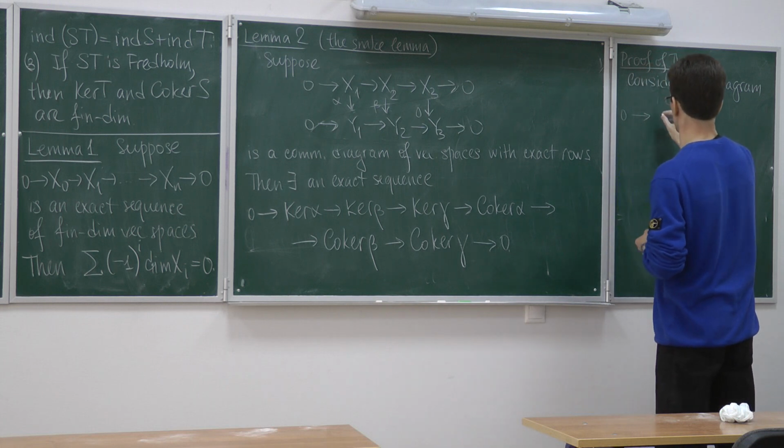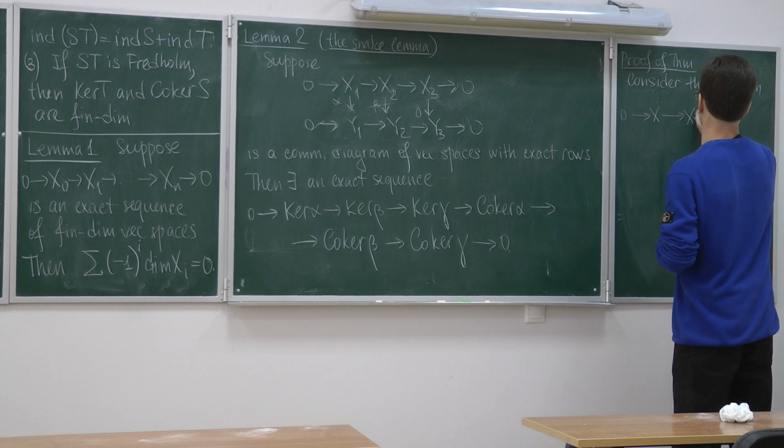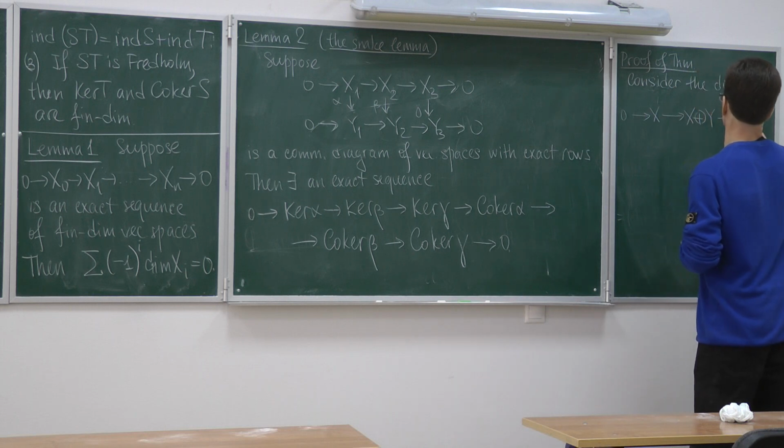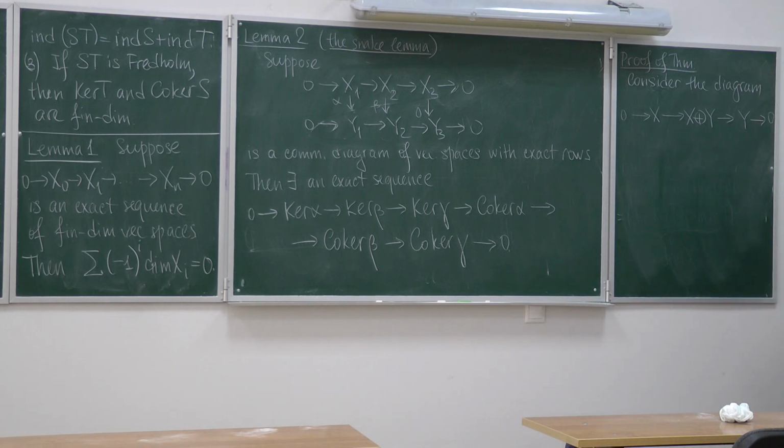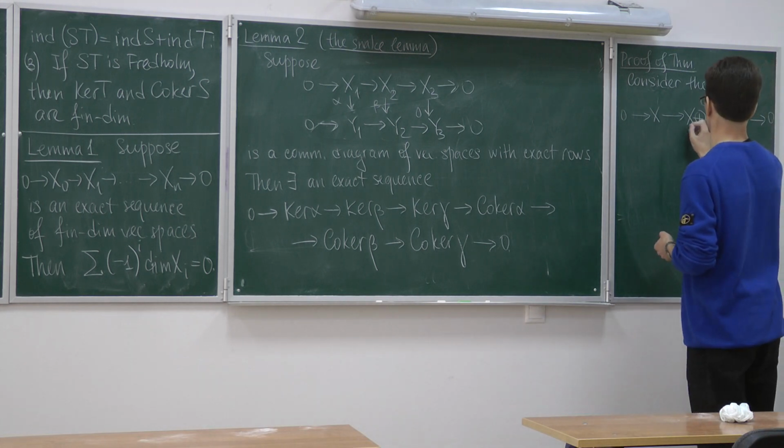The first row looks as follows: X, X plus Y, and Y. And the arrows are defined as follows.